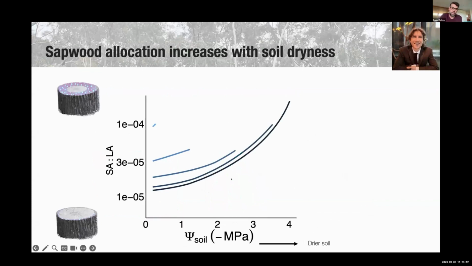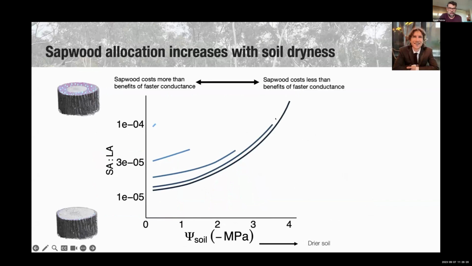This is sapwood area to leaf area, so the amount of sapwood that's supporting each unit of leaf area. Here are the predictions from our optimal model across a soil wetness gradient. Here we're thinking not so much of short-term dynamic shifts in soil wetness, but more long-term shifts in the average soil wetness as you go, for example, from an arid system to a rainforest system.